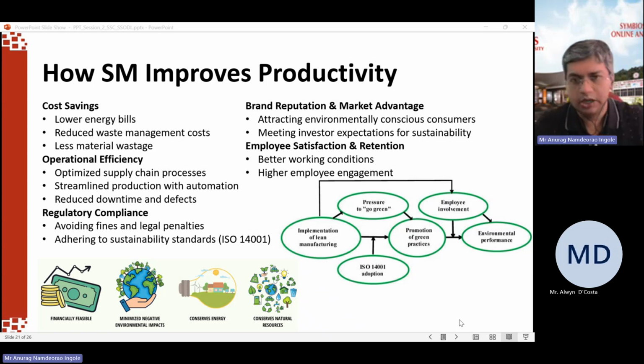So first is better working conditions. We had seen that one of the key aspects of sustainable manufacturing is having safe working conditions. So you have environmental health and safety policies, which are there as per standards and also followed as per standards, not just for the sake of it, not only for audit purposes, but actually practiced.